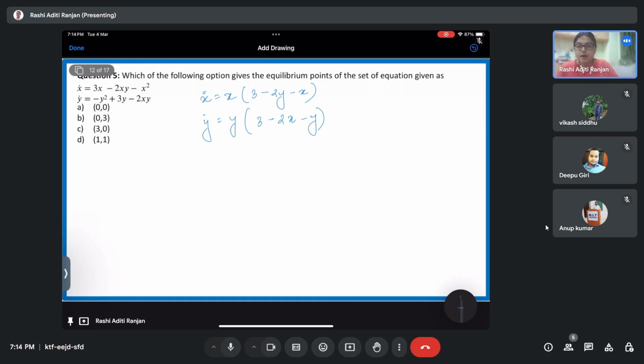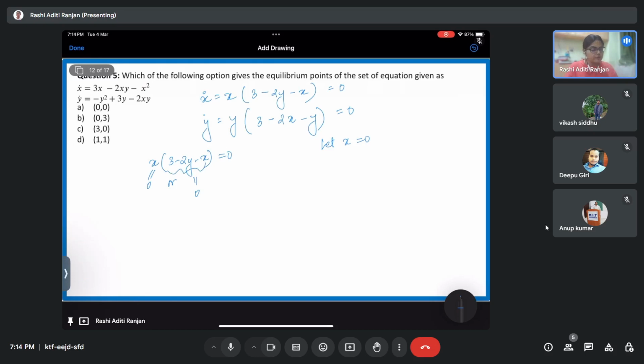Now, if I want to find the equilibrium point, this will be equal to 0, and this will be equal to 0. For the first equation, either this is going to be 0 or this is going to be 0. So we'll take the first case first: let x equal 0. If x equals 0, I consider that my second term is not equal to 0.